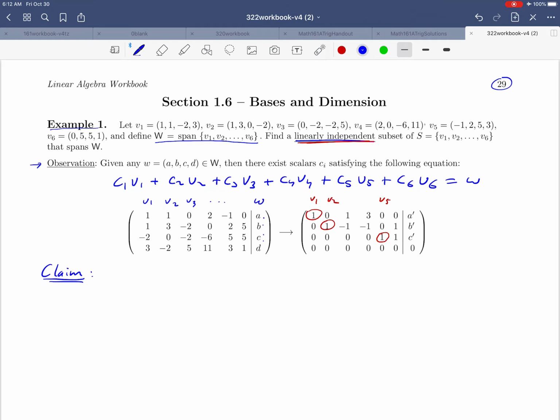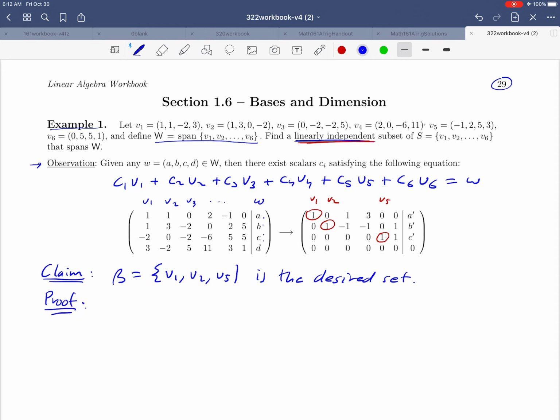Okay, let's write that down. Beta = {v1, v2, v5} is the desired set. Well, how do we prove that? Let's first remember what we're saying.